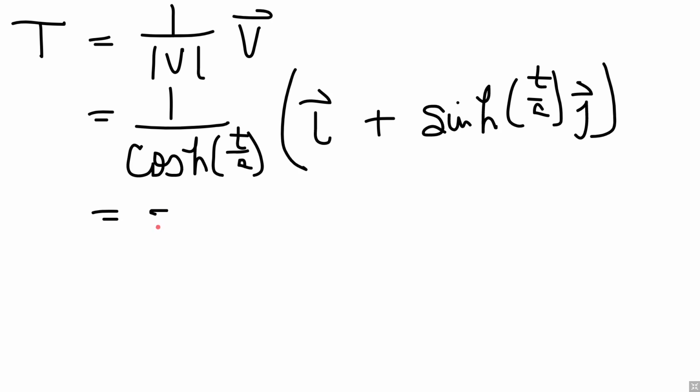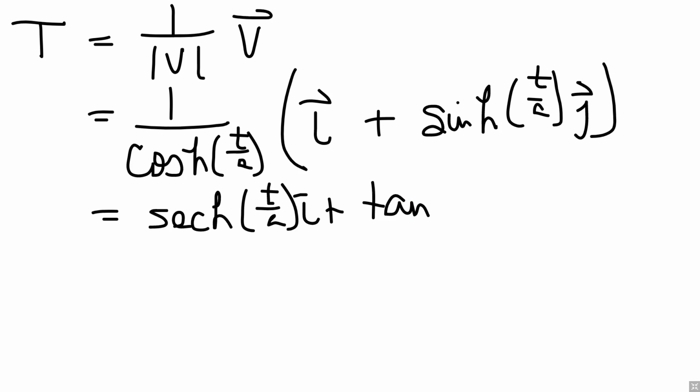So you should get secant hyperbolic of t over a in the i direction, plus tangent hyperbolic of t over a in the j direction. So you get that for your unit tangent? Yeah, I got it correct.